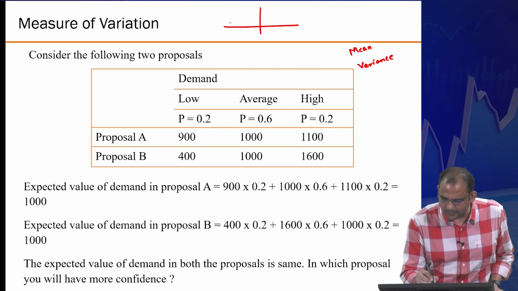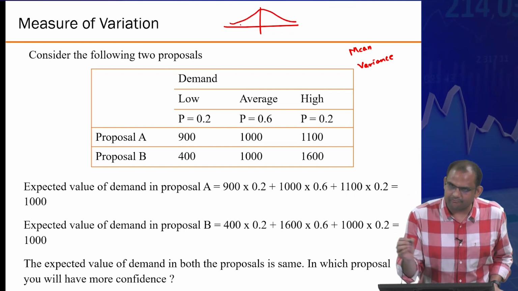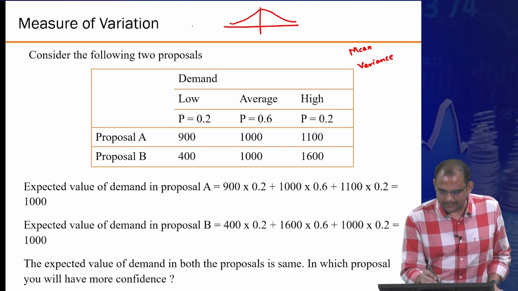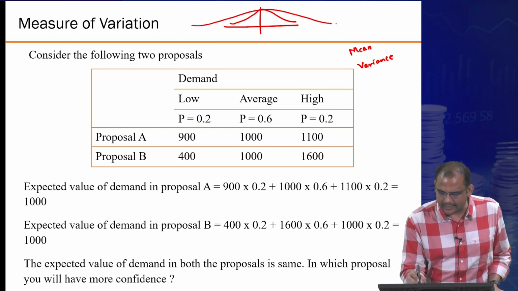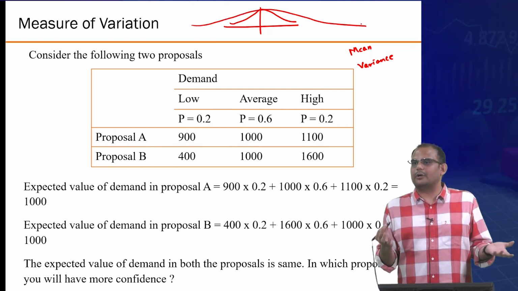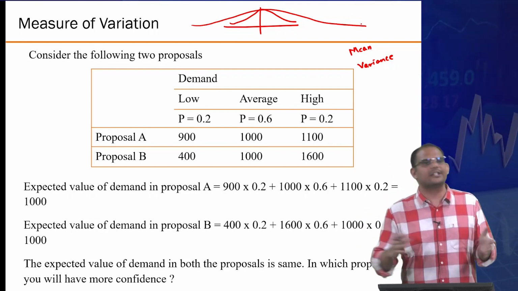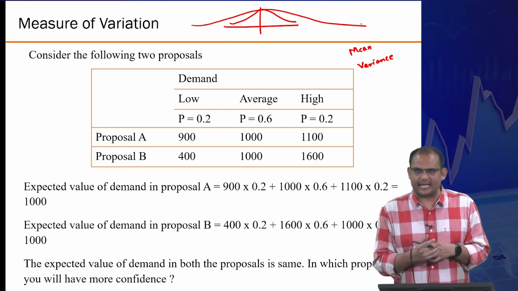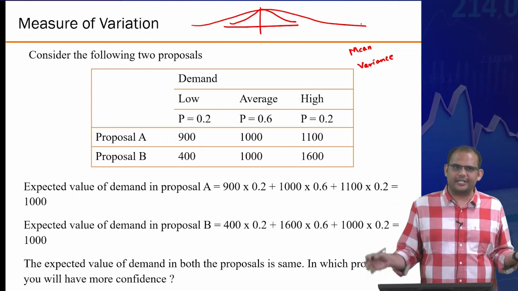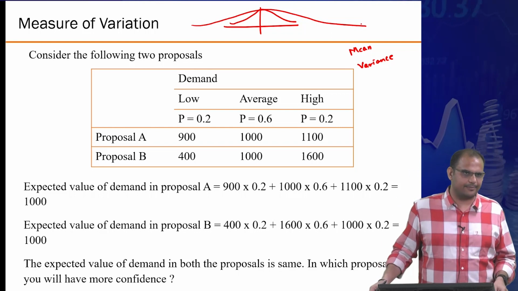There could be two series whose means are equal, but their variations are so big that you can't actually rely on what is happening, because individual terms are varying so much. Still the mean is the same, but the dispersion is too much in a particular investment, right?